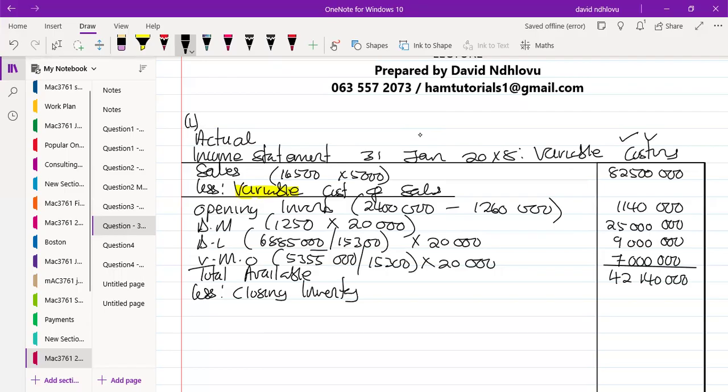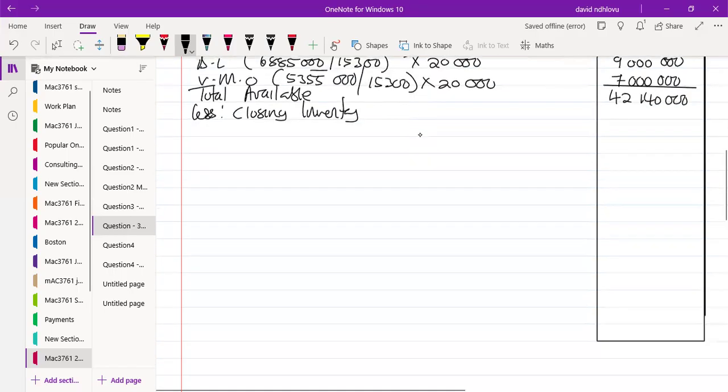Right, so you can see right up to closing inventory, when we are using variable costing, we don't include the fixed manufacturing overhead cost. Anything that is not included up to the calculation of gross profit is a periodic cost. So we are treating the fixed manufacturing overhead cost as a periodic cost.